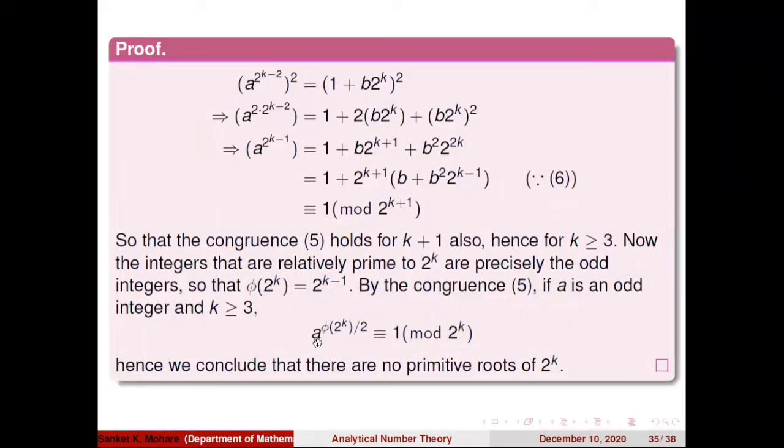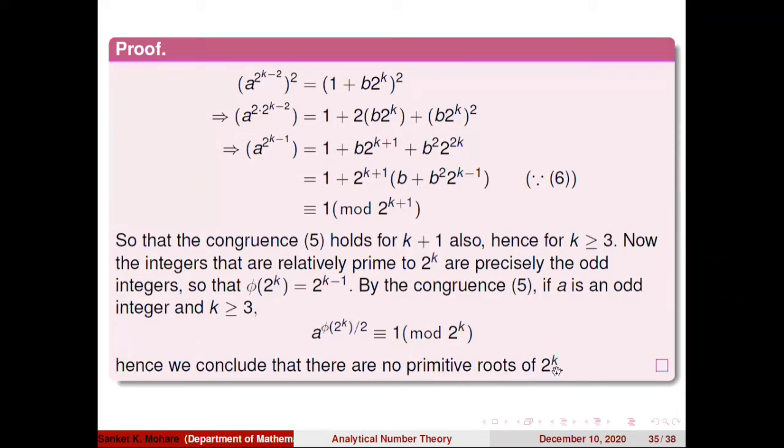So from congruence 5, this is equal to a to the power phi of 2 to the power k into 2 to the power minus 1, and 2 inverse is what? 1 by 2. So overall what happened? A to the power phi of 2^k upon 2 is congruent to 1 modulo 2^k. Hence we conclude that there are no primitive roots of 2^k.